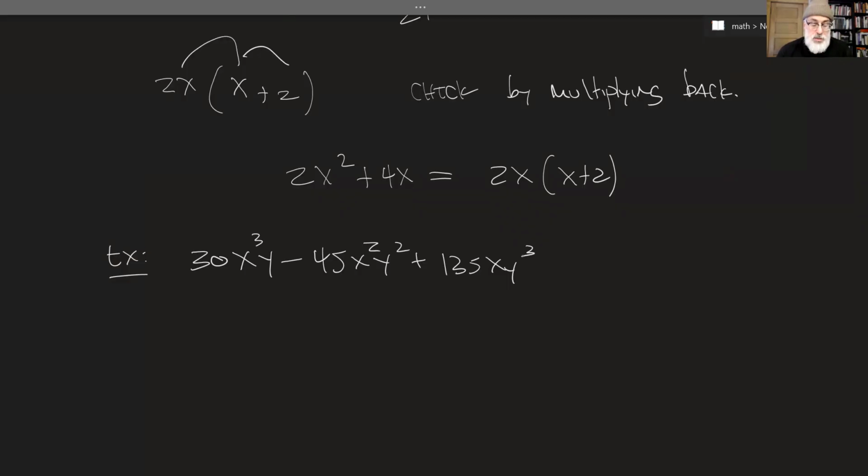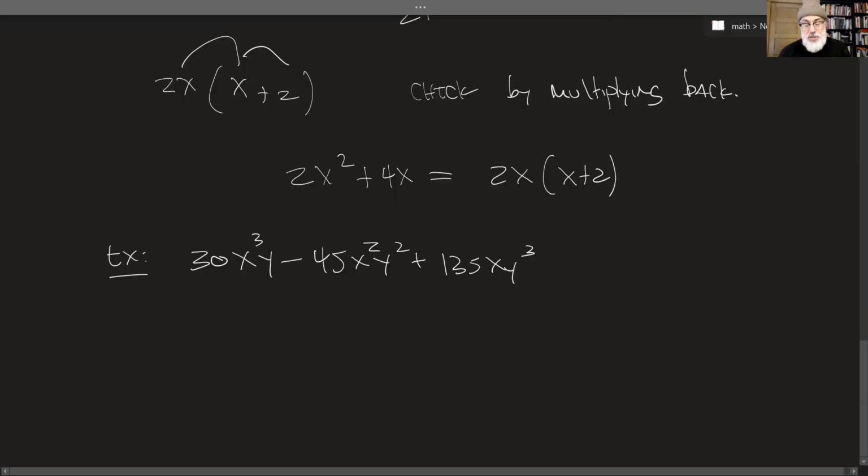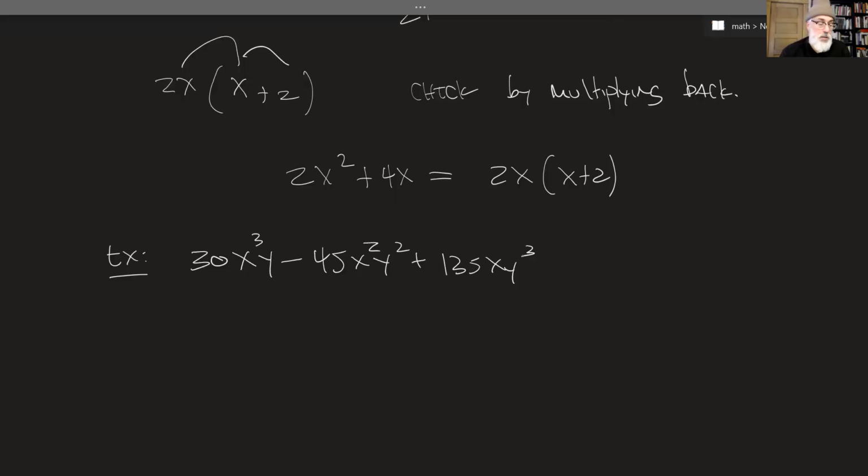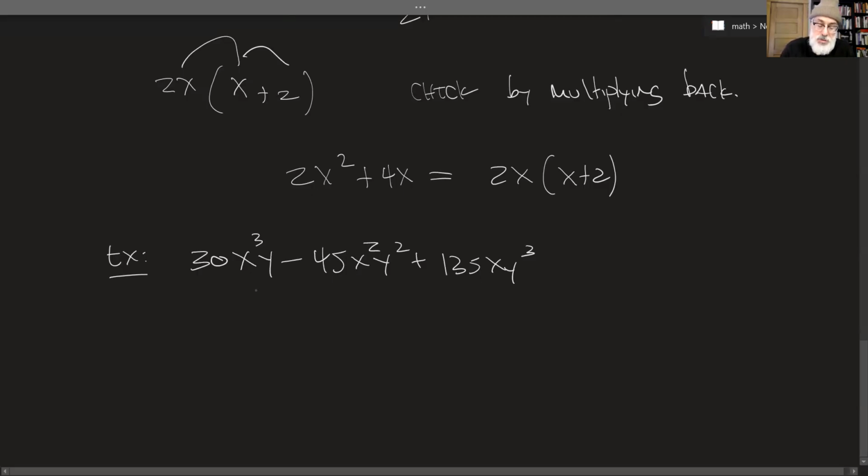So here is a polynomial expression, 30x cubed y minus 45x squared y squared plus 135x y cubed. So what we want to look at is what they have in common. So let's look at the coefficients first. We have 30, 45, and 135.